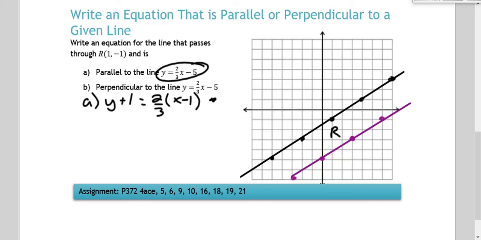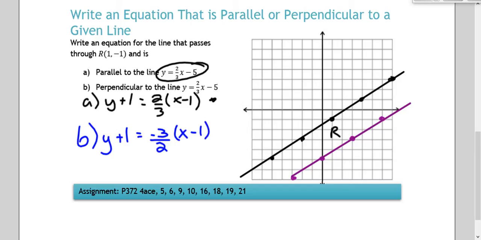So if I'm looking at B here, and let's do this one in blue, and I need it to be perpendicular, what do we need to do? It needs to have a negative reciprocal slope, and it needs to pass through that point. And that's it.